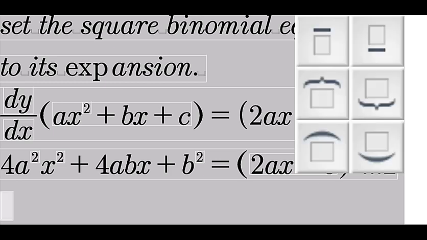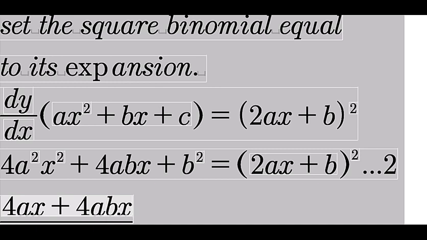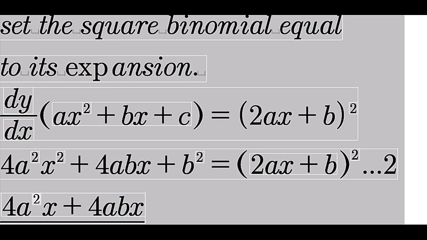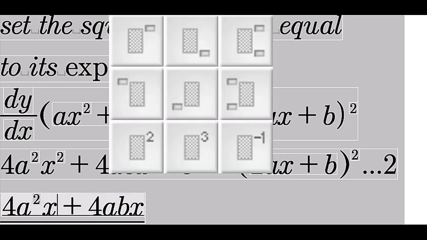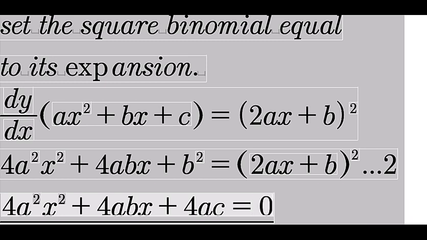So I now write again 4a squared x squared plus 4abx plus 4ac equal to 0.